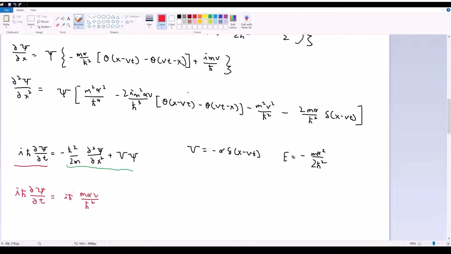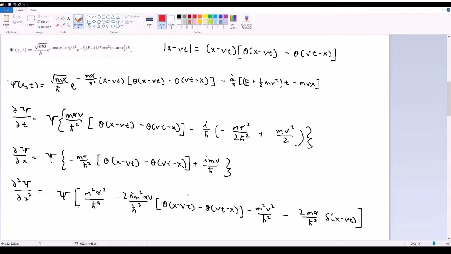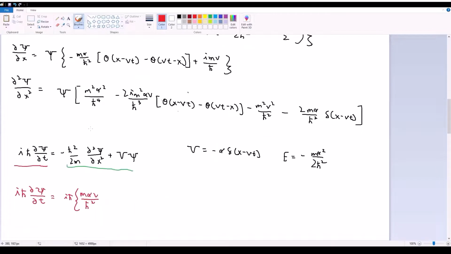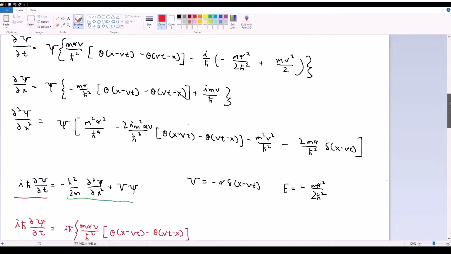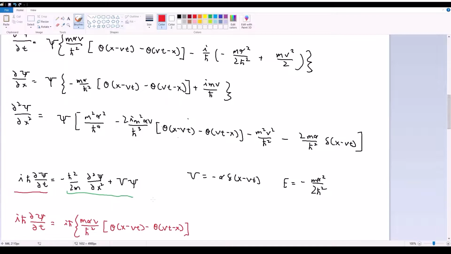And you know what, let's bracket everything off. Multiplied by theta of x minus vt minus theta vt minus x. There we go. Minus i over h bar times negative m alpha squared over 2 h bar squared plus m v squared over 2. Close everything off.